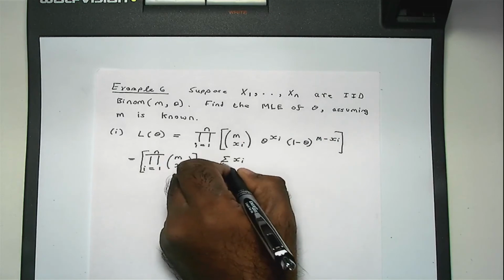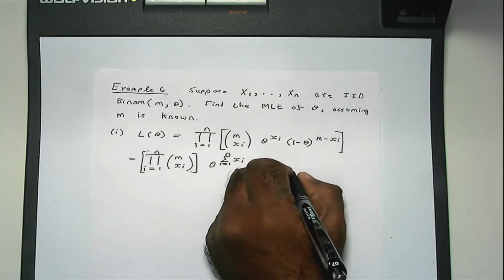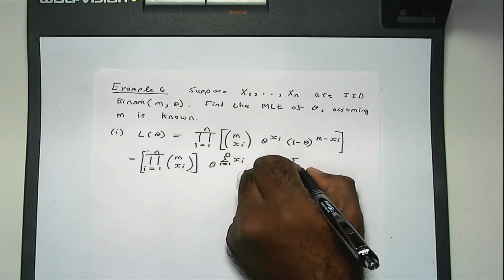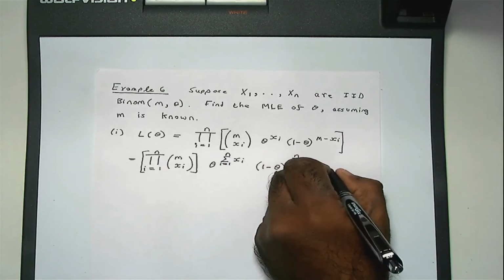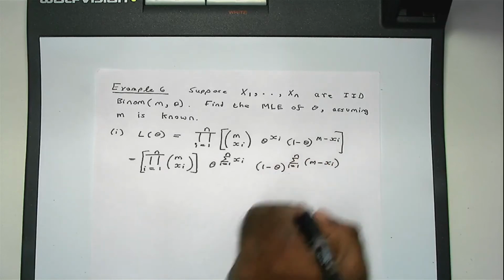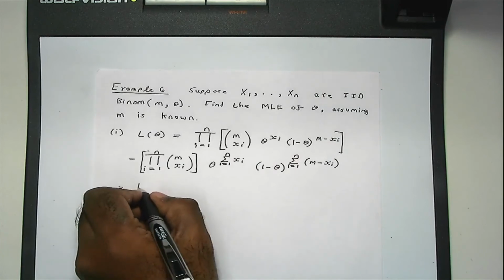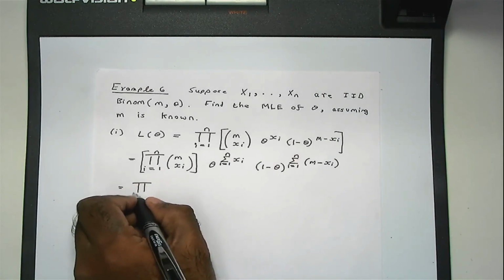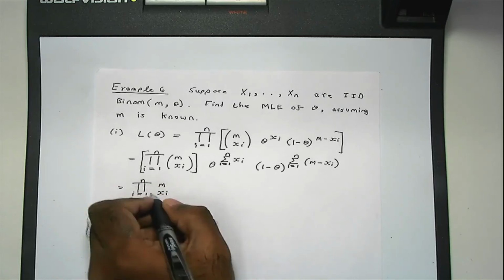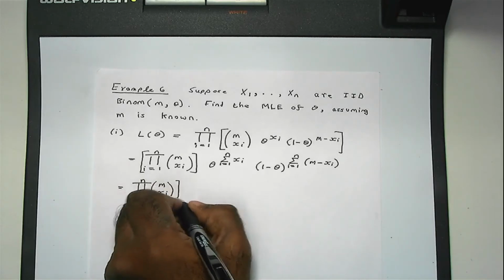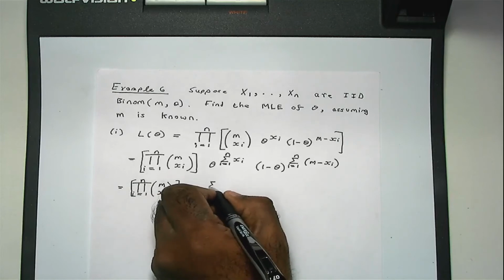Theta power sum of xi, and 1 minus theta power the sum of m minus xi. Alright, so this is equal to theta power sum of xi.